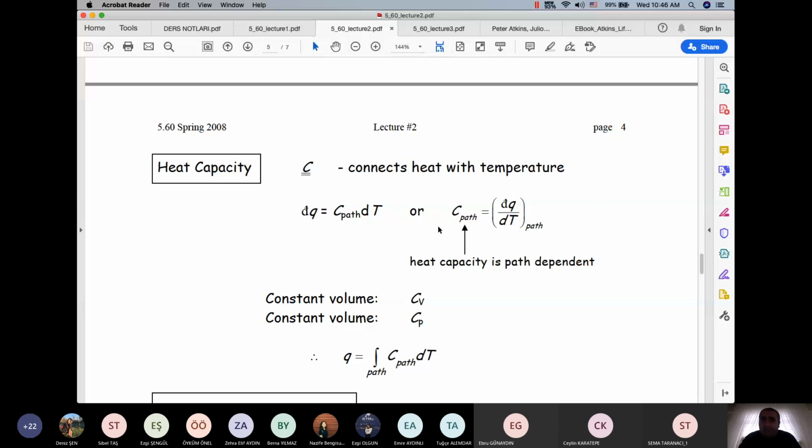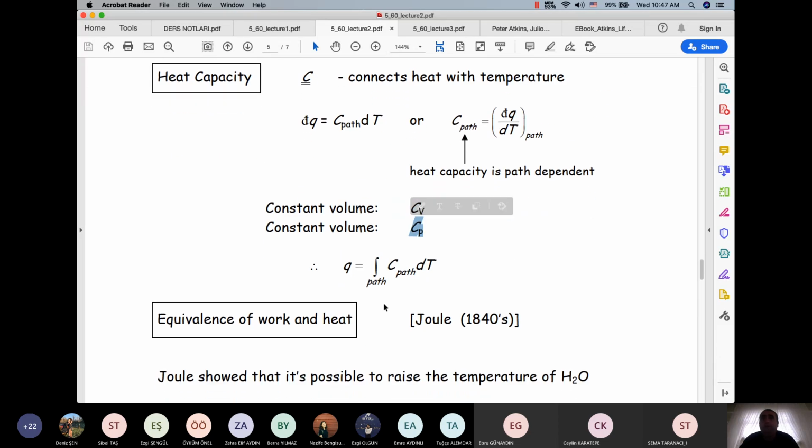You can go either by fixing the volume and letting the pressure go up and down, or you can fix the pressure and let the volume change. If you fix the volume, that is a constant volume event, and the heat capacity is given by CV. And this is a constant pressure event, given by CP.